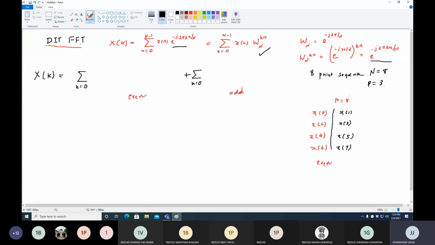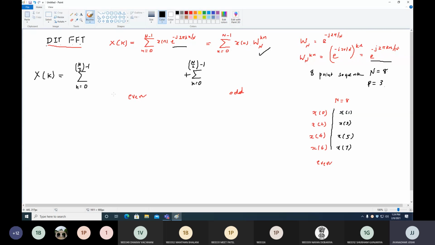So if I write n minus 1 with both of the summation signs, then it will be wrong, right? So I should end up at 3, that is 0 to N by 2 minus 1, 0 to 3. Yes, that's why it must be N by 2 minus 1. The limit should be modified from N minus 1 to N by 2 minus 1.